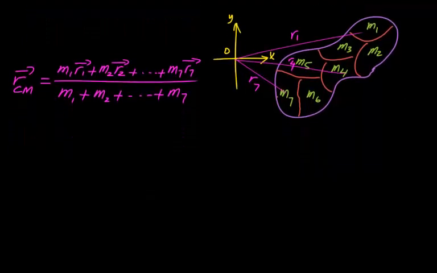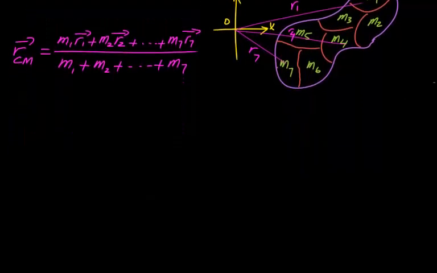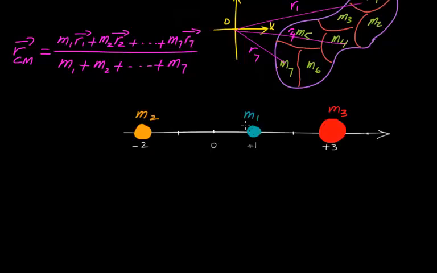In a one-dimensional system, let's say I have a combination of 3 masses, M1 located at a position of +1, could be meters, it could be something else. M2 is located at a position equal to -2, and M3 is located at a position equal to 3.